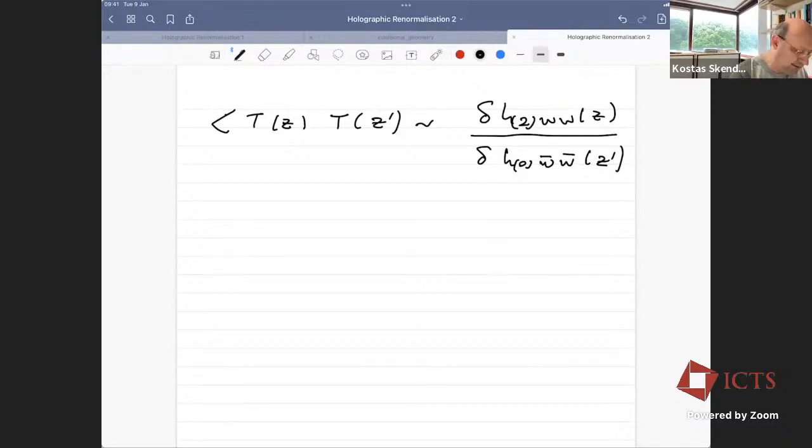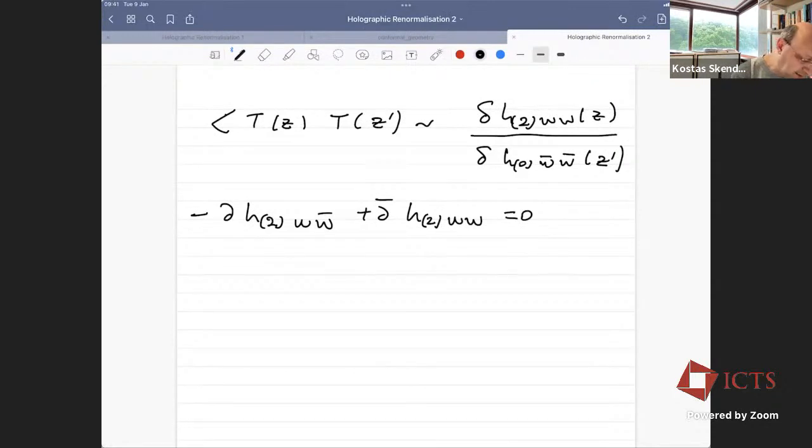I'm just going to list the equations we're going to need. So this is one equation. Here again, this expresses the fact that the energy momentum tensor is conserved.